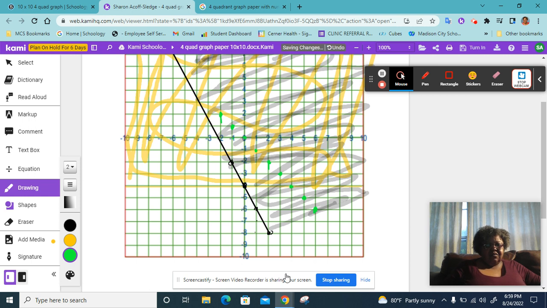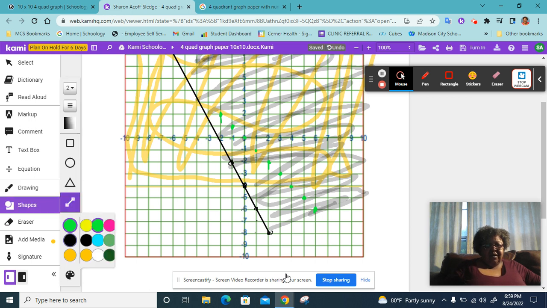So now let me do my green line through all of these points. Why is my line going crooked? Okay, let's do shapes again. Line, green. Okay, and so now, there we go.